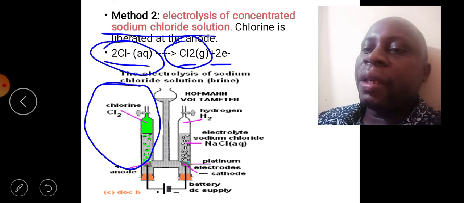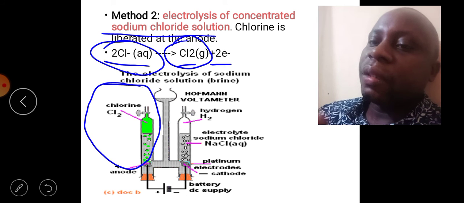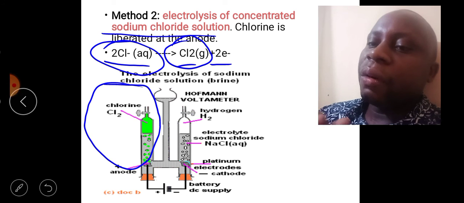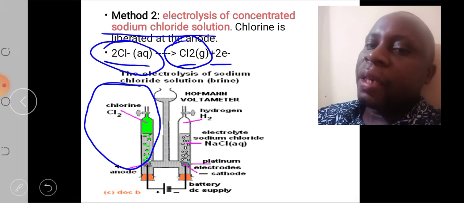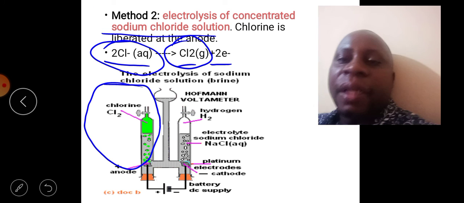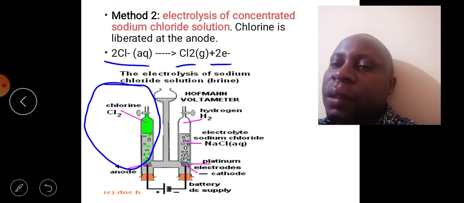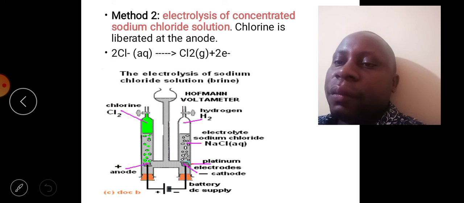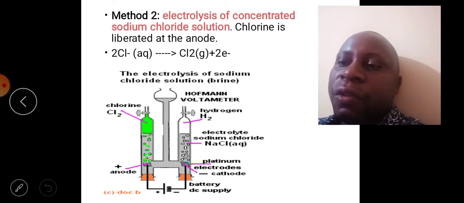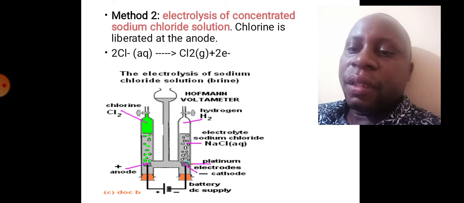The chloride ions will lose 2 electrons, forming chlorine atoms, and those atoms will combine to form the chlorine gas. Okay, good. Now we want to move on to the physical properties of chlorine.